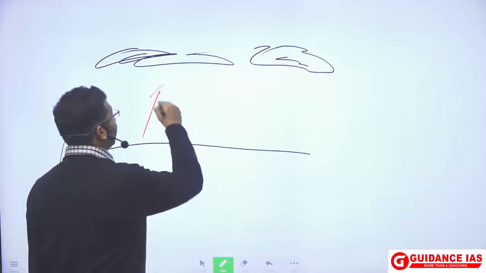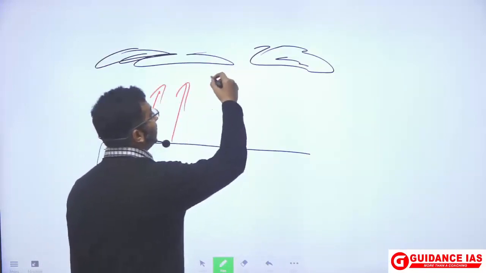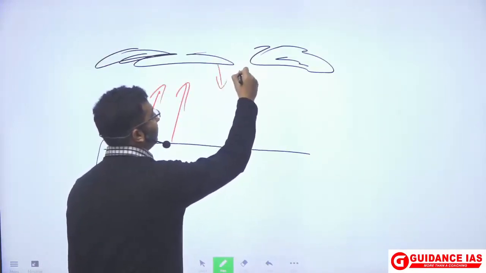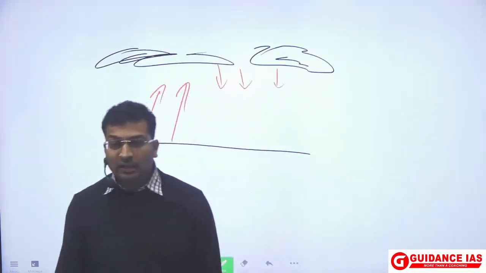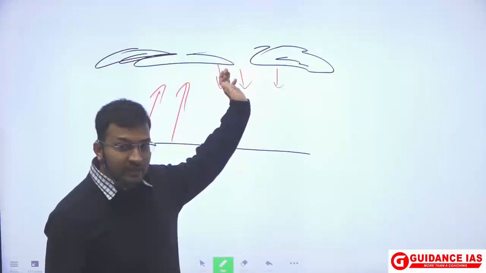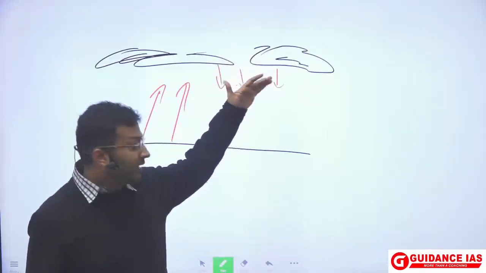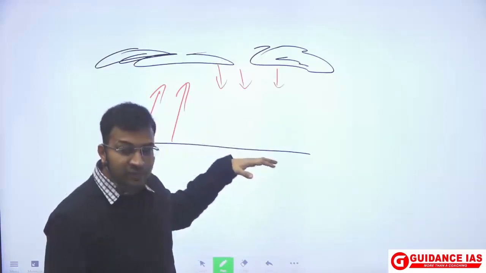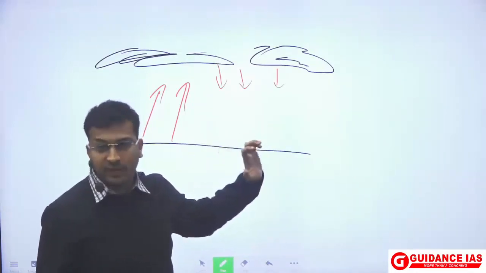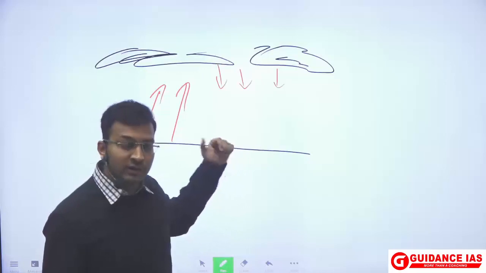The outgoing radiations will be blocked and reflected back towards the earth's surface. So some of the radiation is reflected back by the clouds. As a result, the phenomenon of temperature inversion won't be observed if there are clouds in the sky.